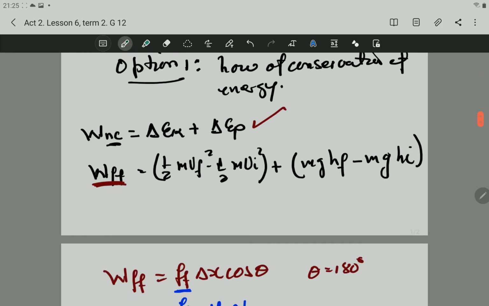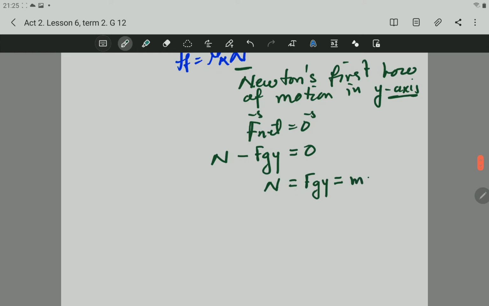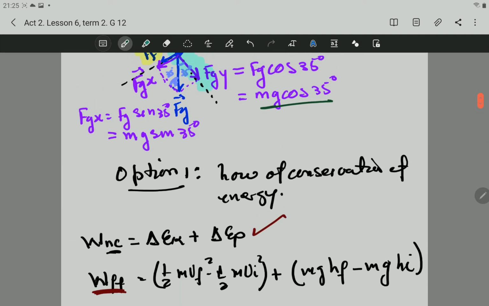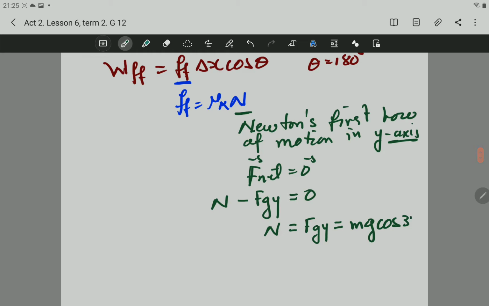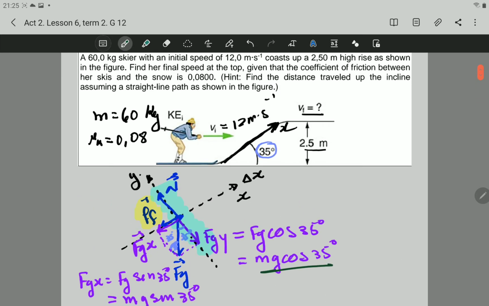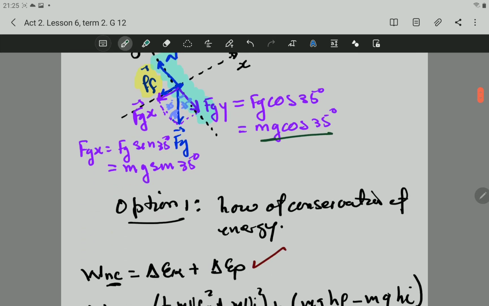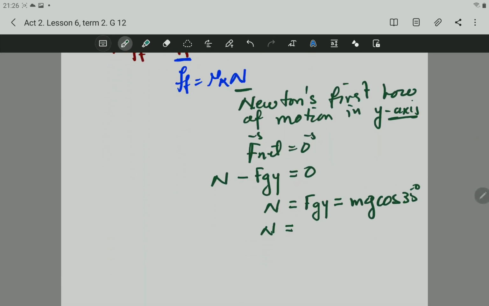This is the product of mass times acceleration due to gravity multiplied by the cosine of the angle, which is 35 degrees. So we can calculate the normal. Let's substitute everything. The mass is 60. 60 multiplied by 9.8 multiplied by the cosine of 35 degrees.